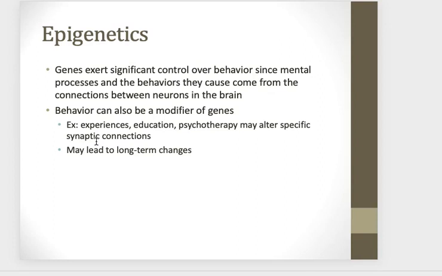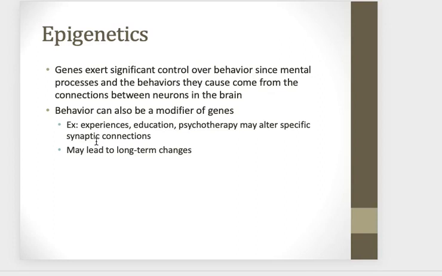Epigenetics, just real quickly. This is an interesting topic: genes exert significant control over behavior, since mental processes and the behaviors they cause come from the connections between neurons in the brain, and that behavior can also be a modifier of genes. So what this really says is that experiences, education, and psychotherapy may alter specific synaptic connections and lead to long-term genetic changes.